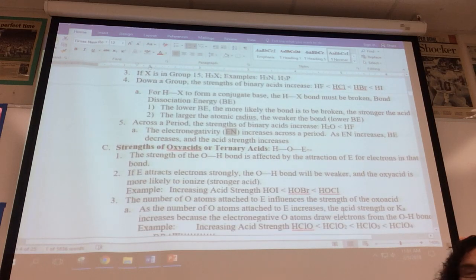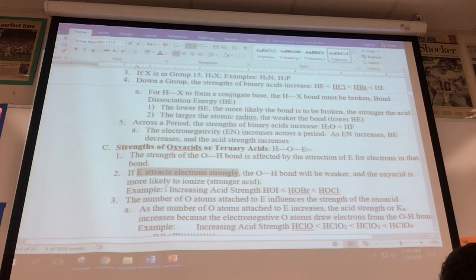All right. In regard to your oxyacids or your ternary acids, this is going to have an HO and then some other element here. Be careful. The H must attach to an O. They often ask you to draw these. We'll draw one out, and it's a disaster area. If element E has a high electronegativity, the OH bond weakens and the acid will be stronger.